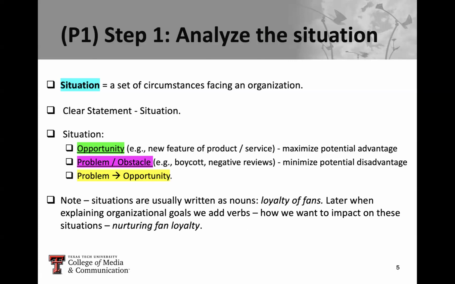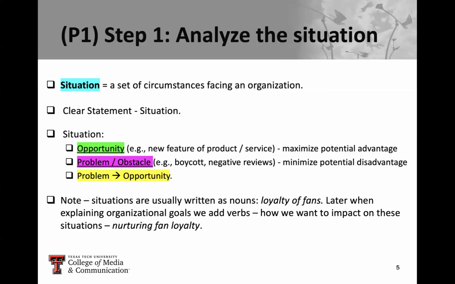When you write plans, and again, there are exceptions to this rule, so when you go into the job force, see how your company or your PR agency or whatever you end up does it. As a general rule, when they write the situation in the strategic plan, it is usually written as a noun initially, before the explanation.